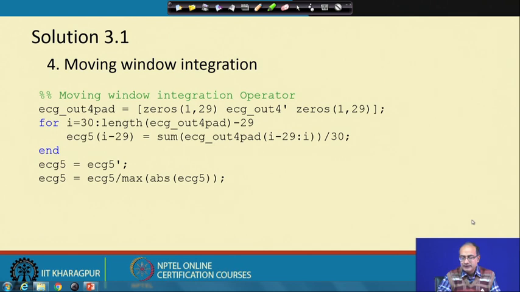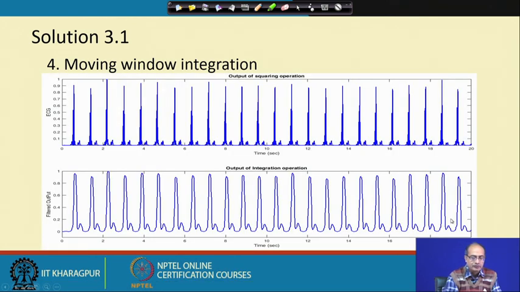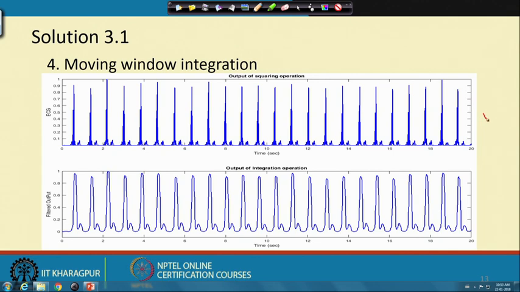Now, let us appreciate what is the impact of it. At the top we are showing the output of our ECG signal from the squaring operation, and after the MA filter this is what we get.